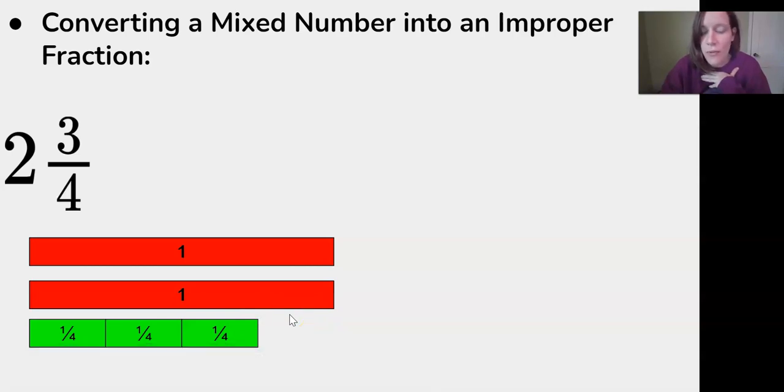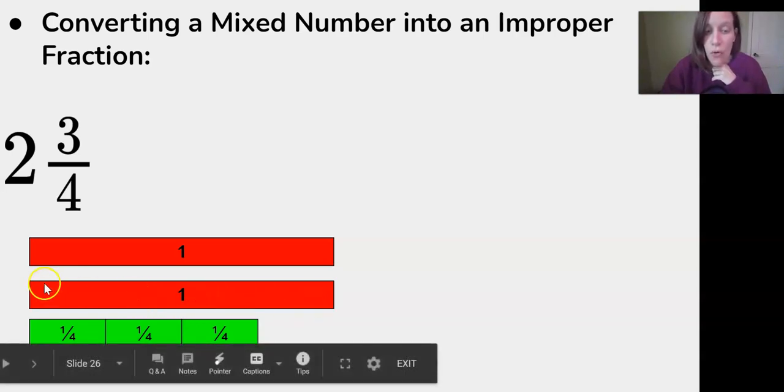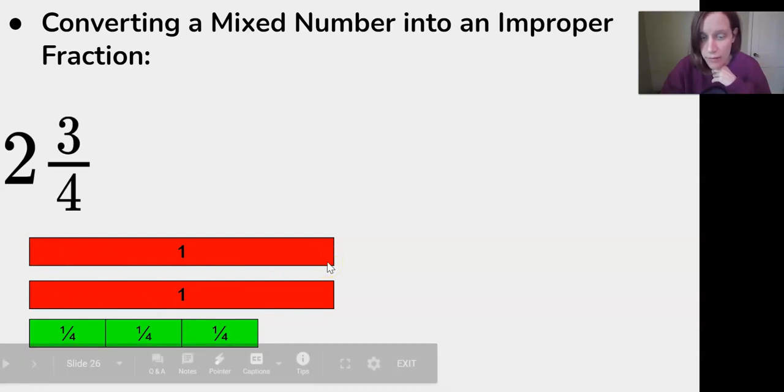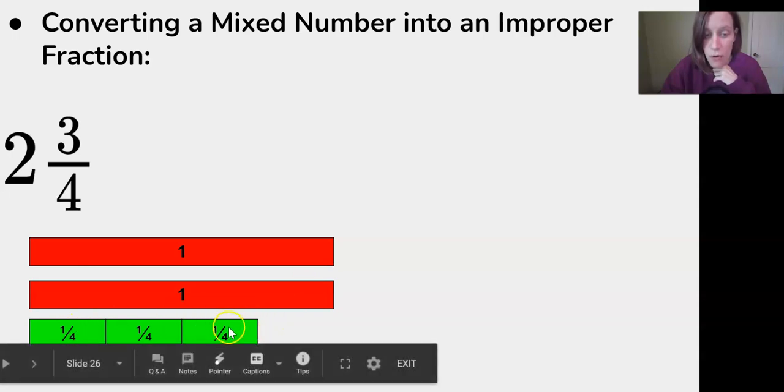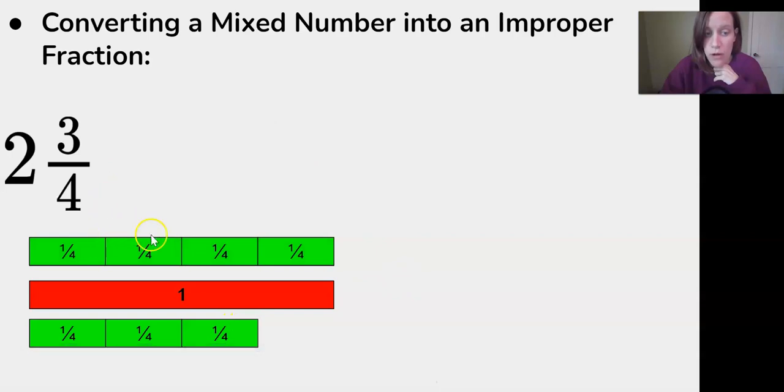If I want to turn that into an improper fraction, then I would need to take these whole candy bars and turn them into fourths as well. So I would be cutting them into 4 even pieces, just like these are cut into fourths. We can see one whole is the same as 1, 2, 3, 4 fourths.